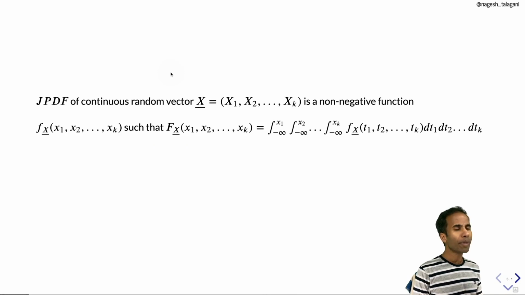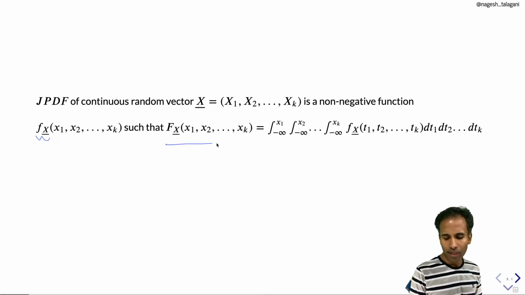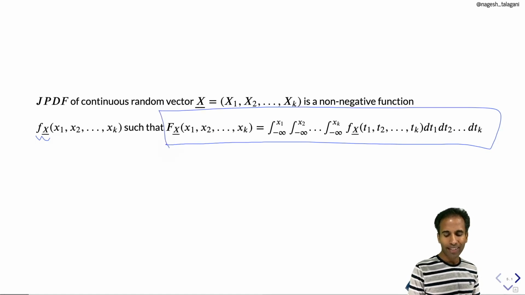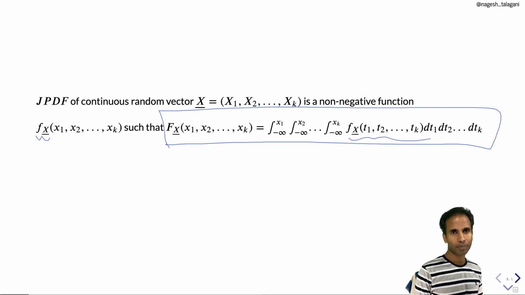Now, the joint PDF of a continuous random vector x under bar is a non-negative function small f x under bar, which is connected to the joint CDF of x under bar like this. This is how you can get the joint CDF of x under bar from this joint PDF, integrating like this.